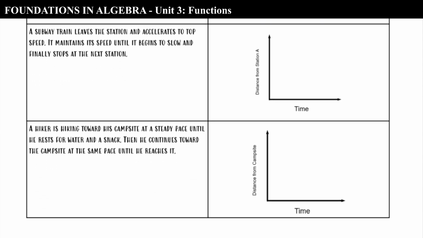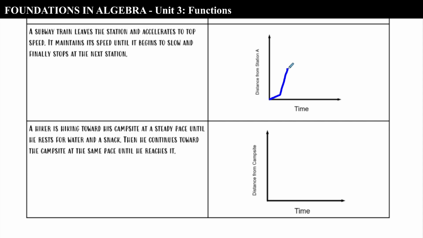A subway train leaves the station and accelerates to top speed. Okay, so here we are from distance from station A. It leaves the station and then starts to accelerate to top speed.